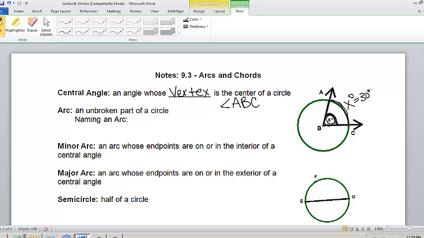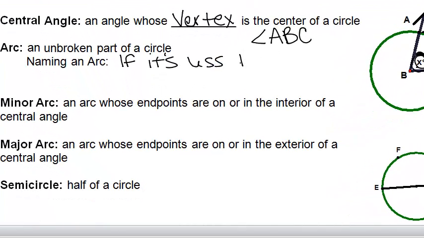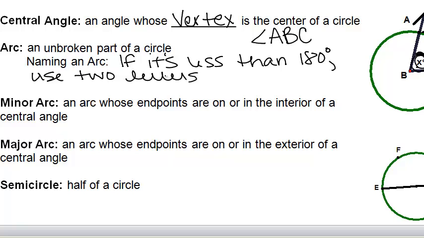If the measure is less than 180, we're going to use two letters with the arc symbol.